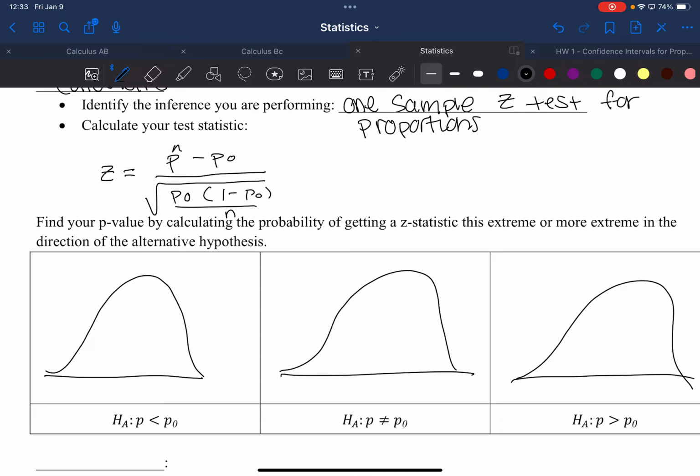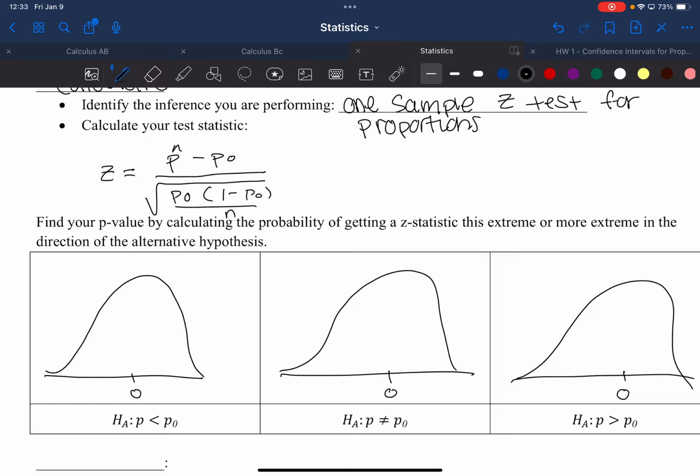Standard normal, the mean mu is 0. Remember, standard normal is 0, 1: 0 for mu, 1 for sigma.